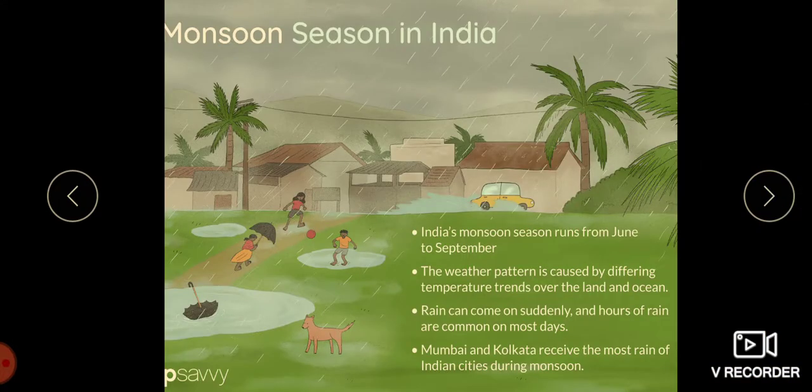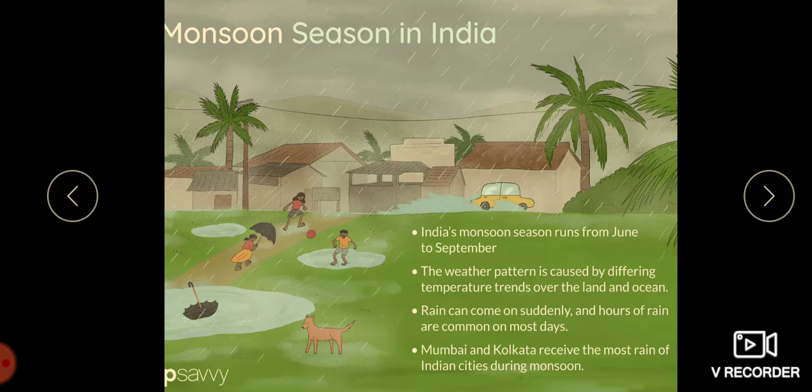Then we will move on to the rainy season. The rainy season is also known as the southwest monsoon season. The temperature rises when the summer season comes to an end, so a low pressure area is developed over central India.